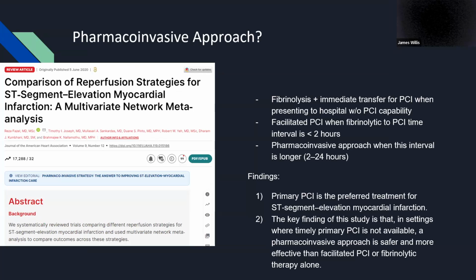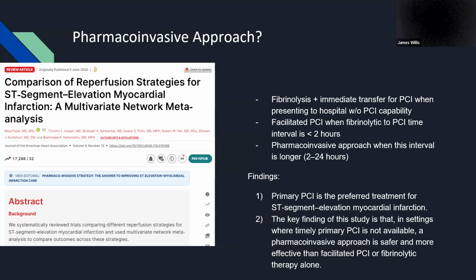about how we're treating STEMIs. I found a recent meta-analysis from a couple of years back describing the pharmacoinvasive approach. When you do fibrinolysis at a place that doesn't have PCI and then transfer them for PCI, depending on the timing, it has different names. If you can give them fibrinolysis and get them to a PCI facility in less than 120 minutes, that's called facilitated PCI.